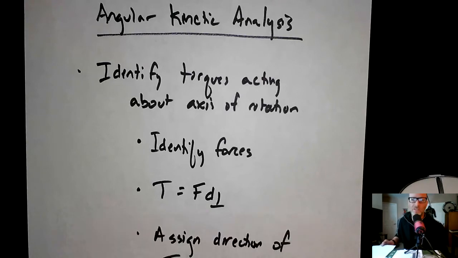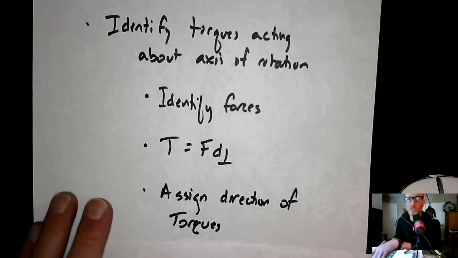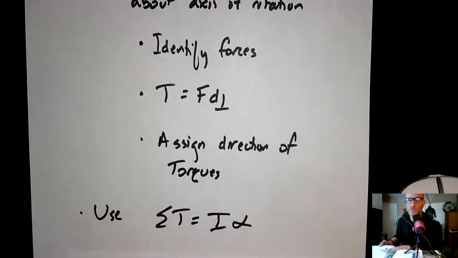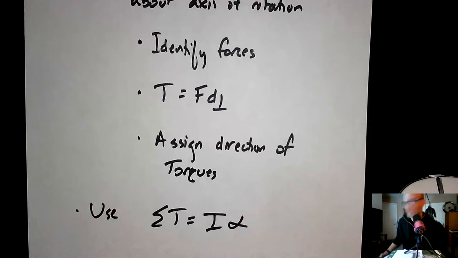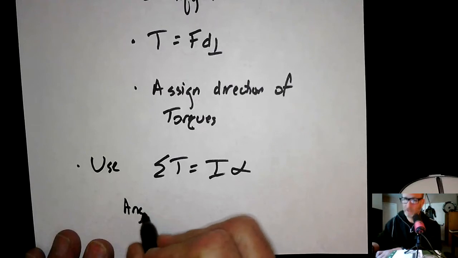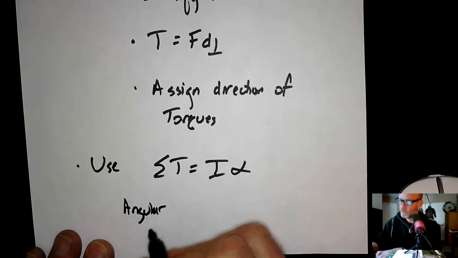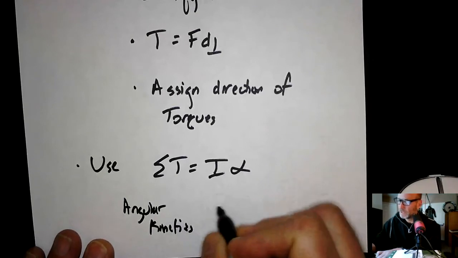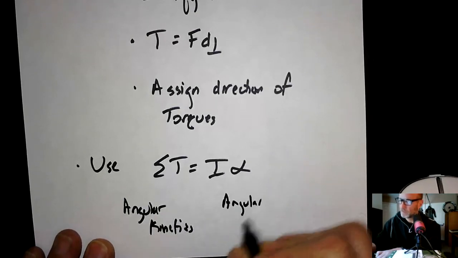We'll assign the direction of the torque, and then we're going to use the equation sum of torques equals I alpha, and we'll link the kinetics, angular kinetics, with the angular kinematics.